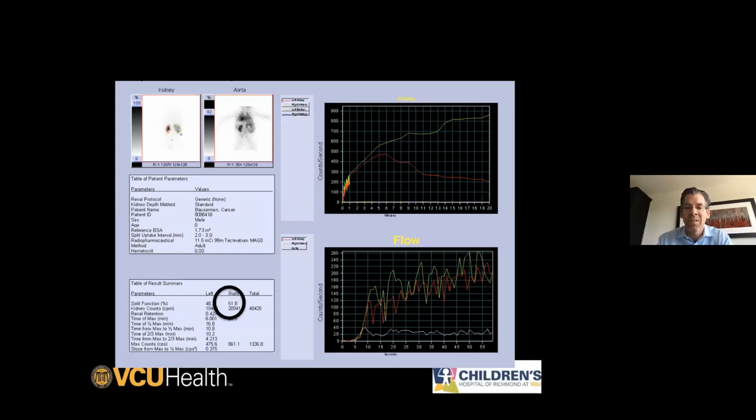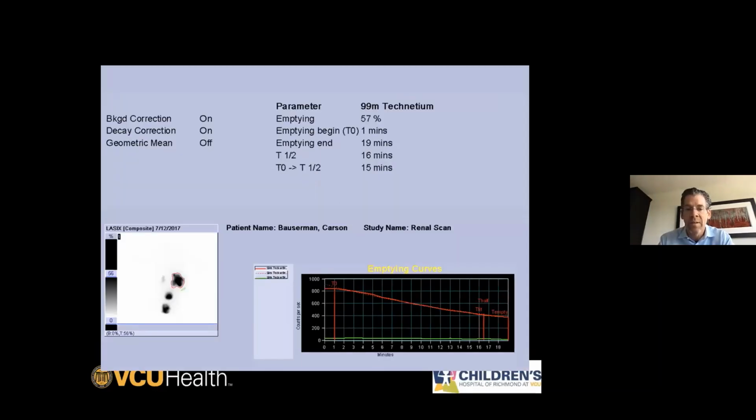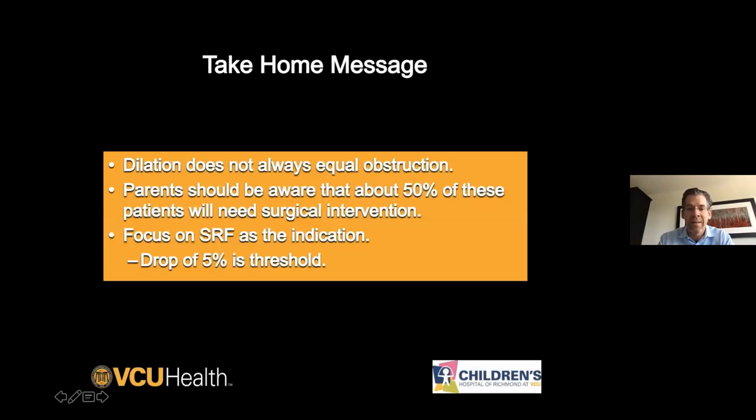It just brings in the fact that you're going to have a different number because this is all created by the region of interest curve that you're drawing. So you have to remember that when we look at numbers of 45, 40, those sorts of things. Drainage curve almost identical. So this is a patient that, in essence, I'm just following. And it does speak to dilation and renal thickness thinning.